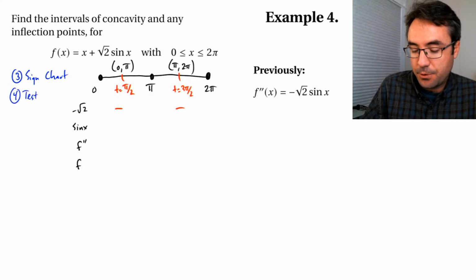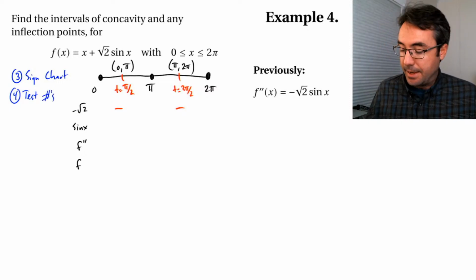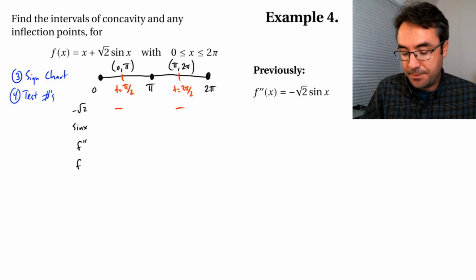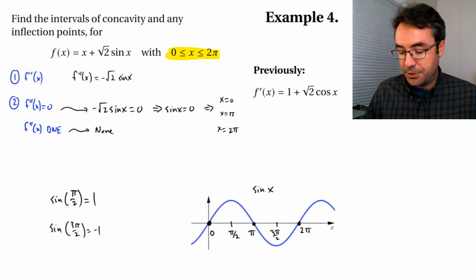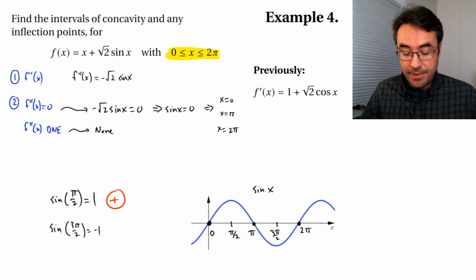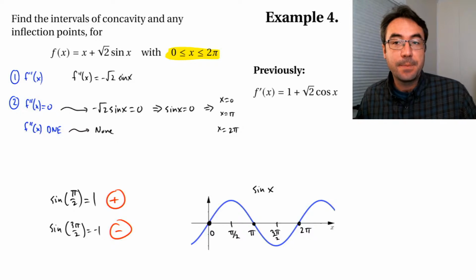And so we're just going through and filling out our sign chart now. And as we saw on the graph on the previous slide, we know that sine of pi over 2 is a positive 1. And then sine of 3 pi over 2 is negative 1.